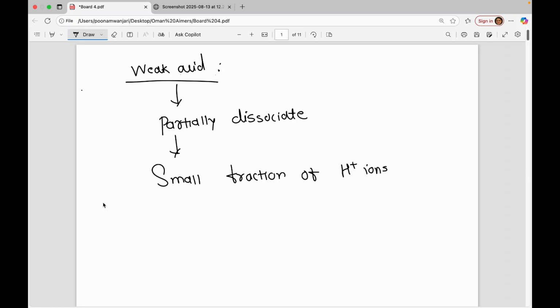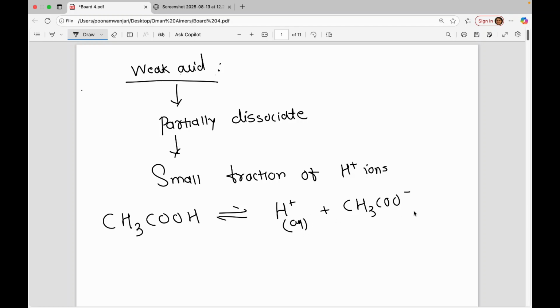Just we will discuss one example, student. A very common example, ethanoic acid. Ethanoic acid is an acid, so it dissociates into H plus and ethanoate ion, but the extent of ionization is very less.